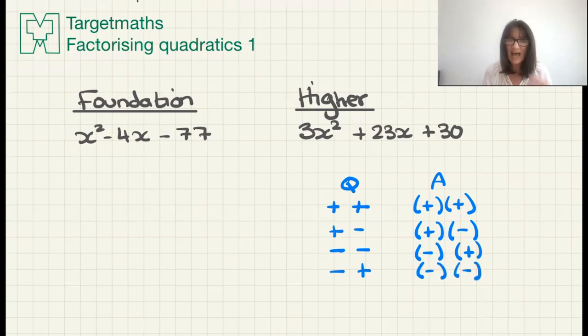So a lot of what's in the question is kept, but there's that little bit of a switch on the second sign if it starts with a minus. So that is the key that you would want to commit to memory. And when I'm in the lessons, I often say, right, if it's pos, what is it? Pos. If it's neg, what is it? Neg pos. And we just repeat it a few times over to get it into our heads. Obviously, you can keep a key written down near the work that you're doing until it's stuck in your head.